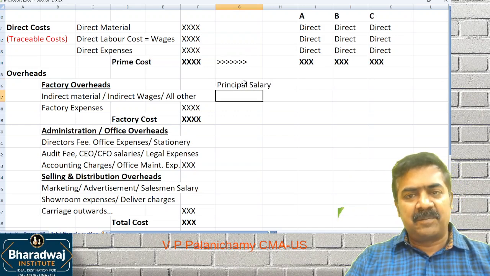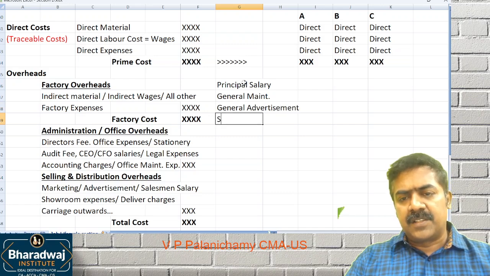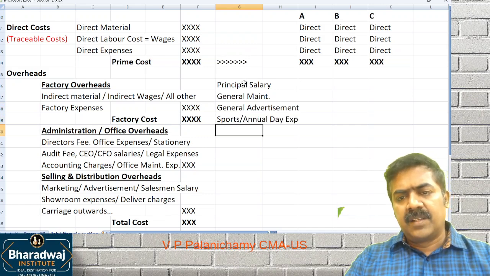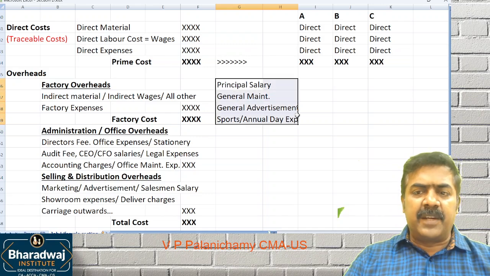Principal salary, general maintenance of the college, general advertisements of the college, college sports day expenses, annual day expenses, general maintenance of the college. Okay. Electricity paid for the college as a whole.